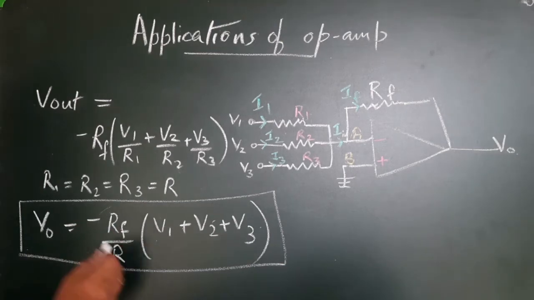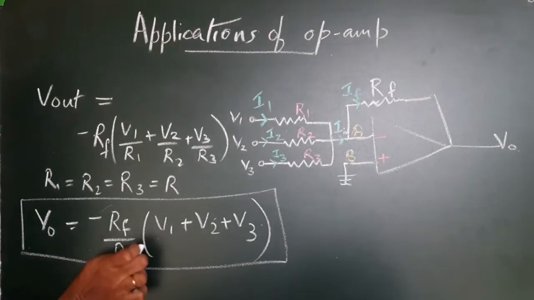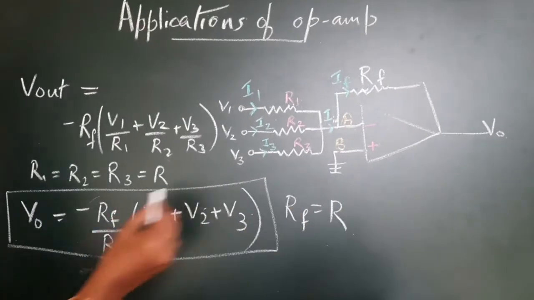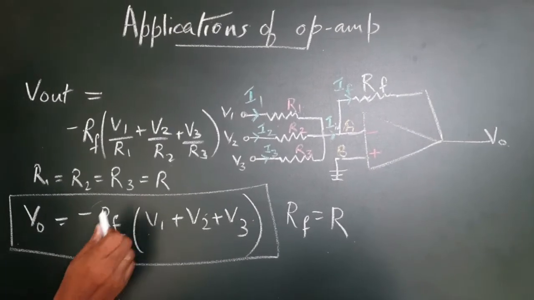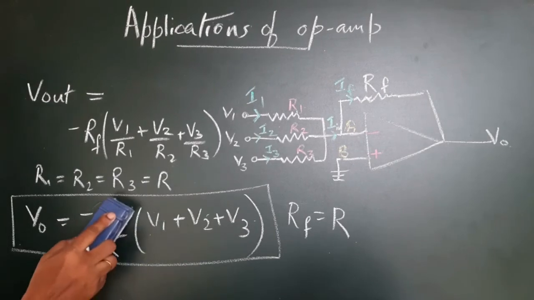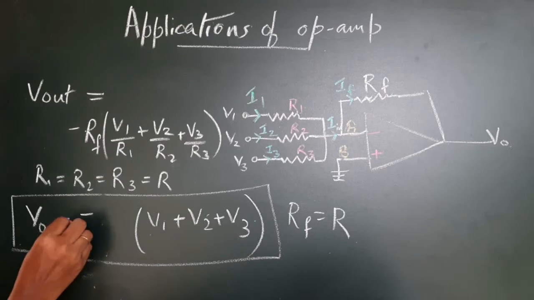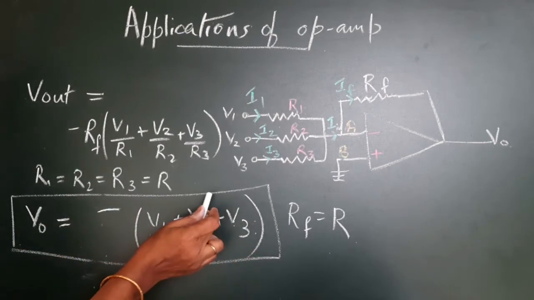If you choose RF equal to R, the scale factor goes to 1 and your output would be Vout equal to minus of V1 plus V2 plus V3.